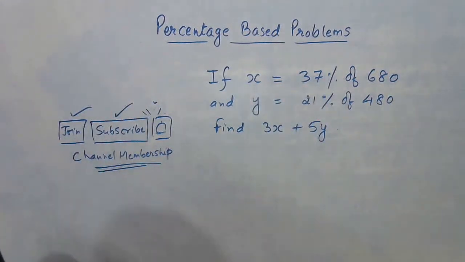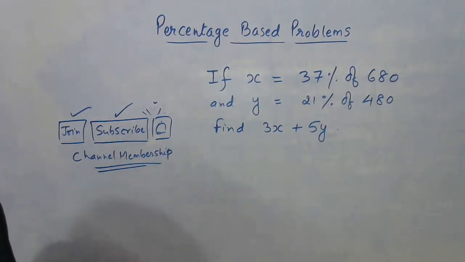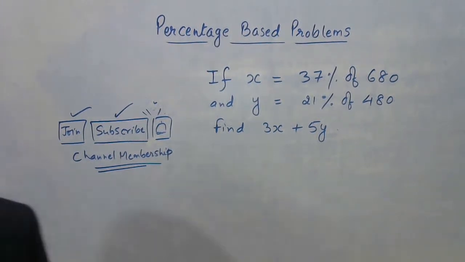So you need to tell me the value of 3x plus 5y. Be careful again not to commit an error here. I want all correct answers. The last 2-3 questions have been terrific, and most of the correct answers have been obtained in those questions.